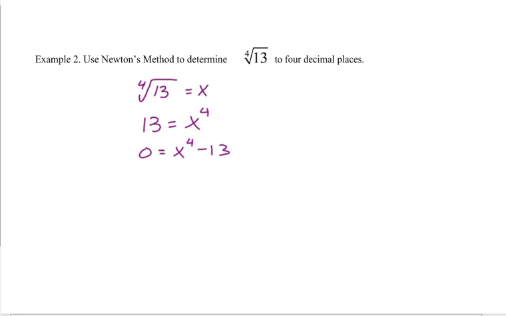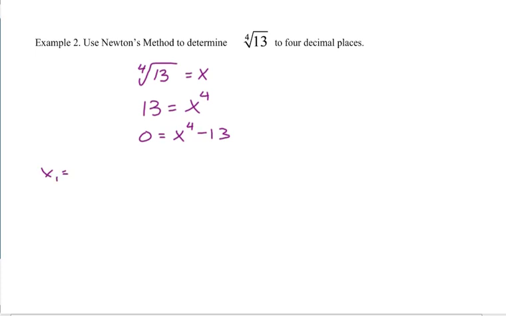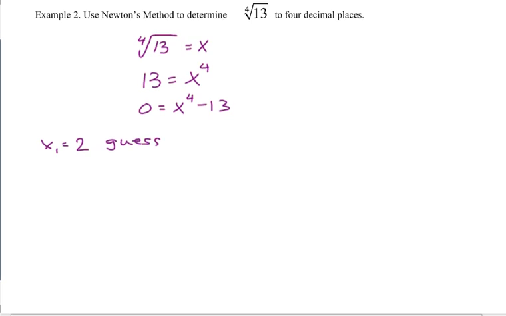Now we're going to make a guess. Let's make a logical guess. 2 to the 4, what's 2 to the 4? 16. So let's start at 2, it's a nice number. We make x1 our guess of 2. Our formula is x2 equals x1 minus f of x1 over f prime of x1.